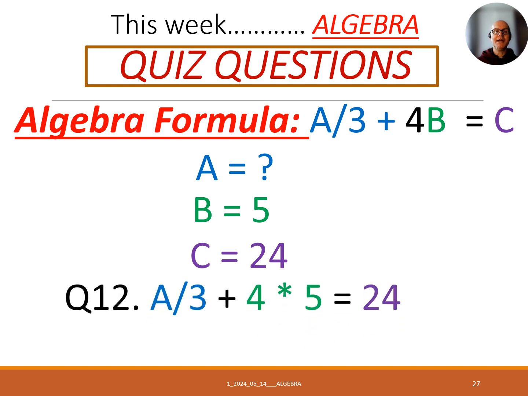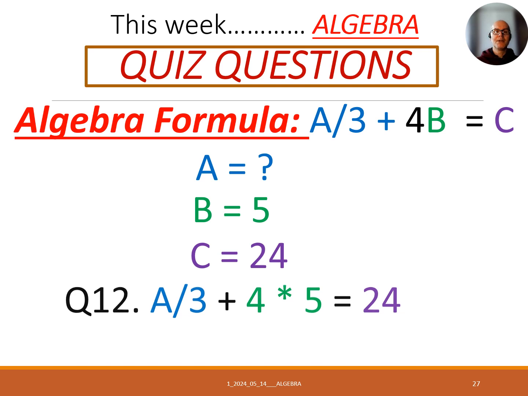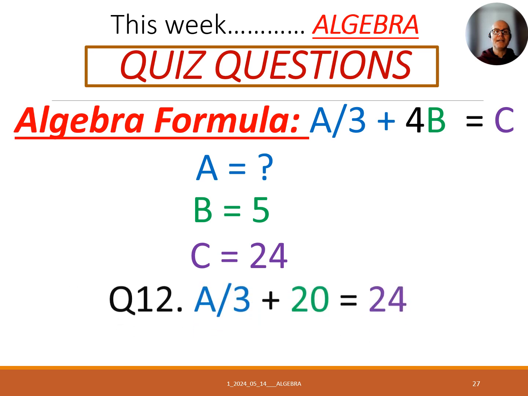Substitute the numbers in that we already know. A divided by 3 plus 4 times 5 equals 24. So 4 times 5 is 20. So A divided by 3 plus 20 equals 24.